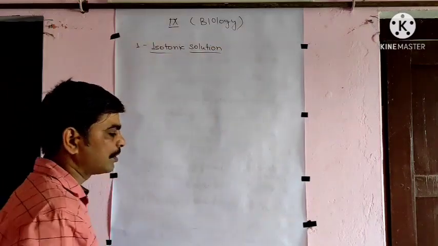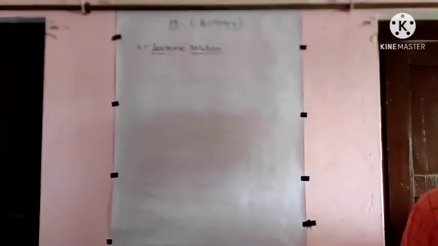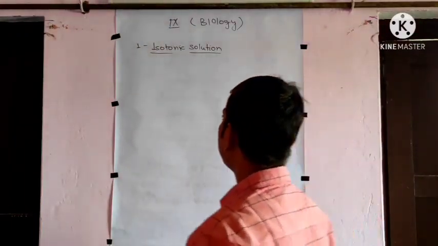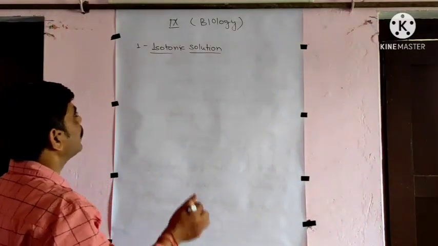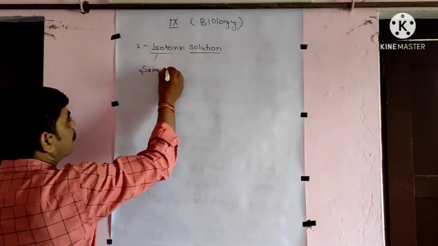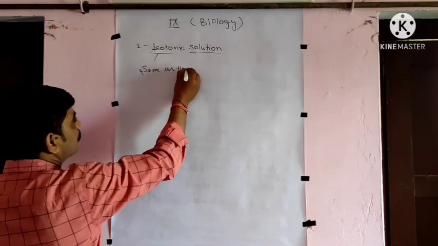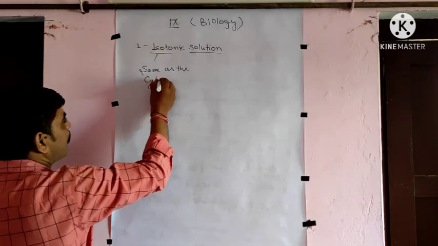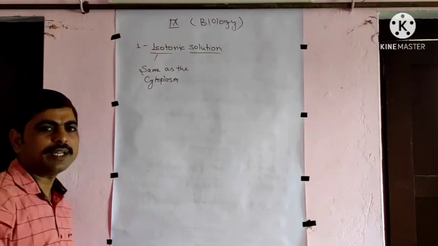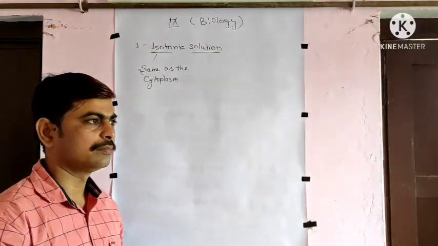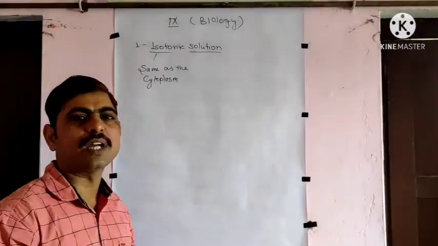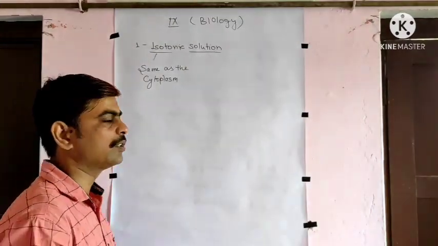Dear students, in this isotonic solution, the word iso means same. Same as the cytoplasm. It means the solvent and solute are the same as they are inside the cell in the cytoplasm.